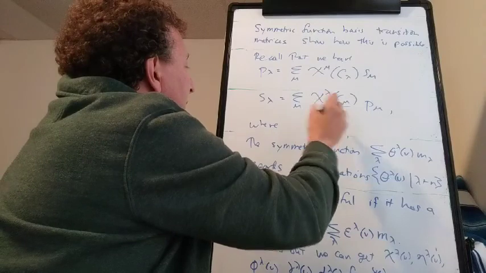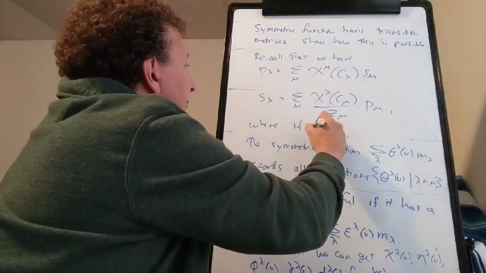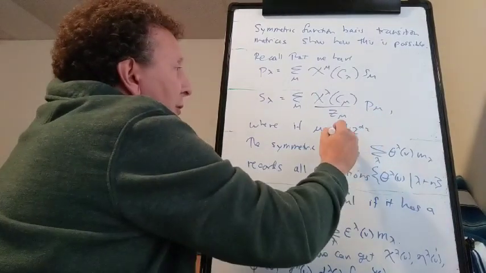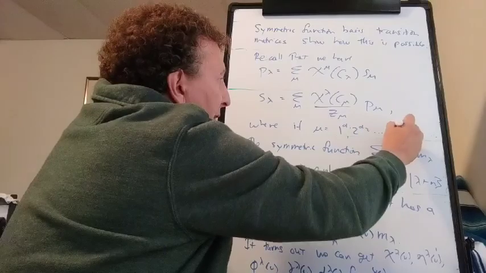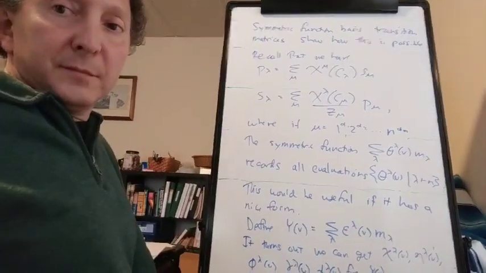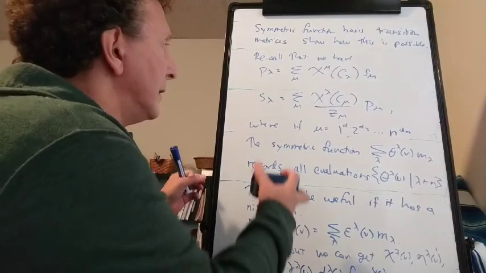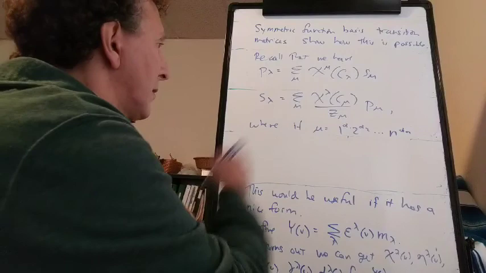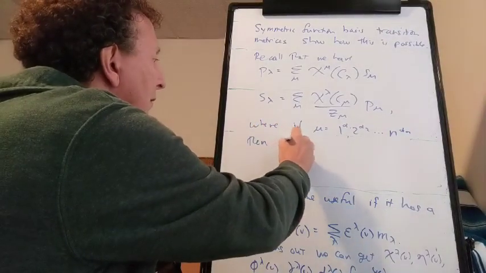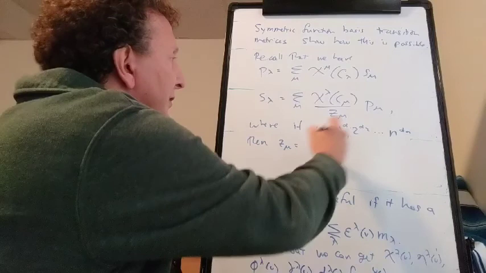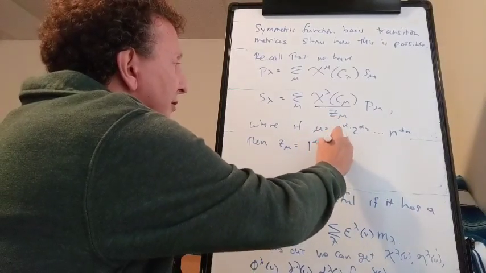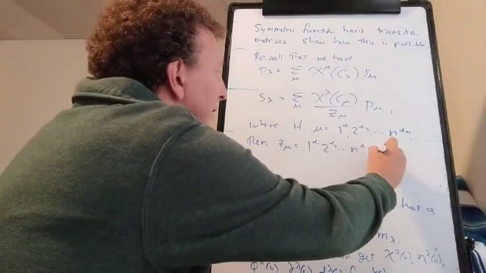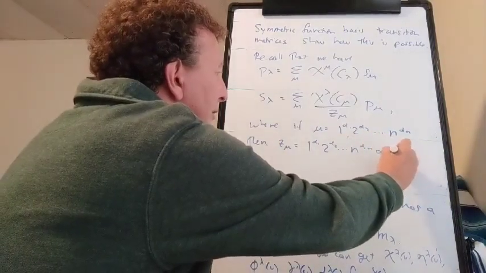Where, to define z mu, let's say if mu equals 1 to the alpha 1, 2 to the alpha 2, so this many 1s, that many 2s, etc., that many n's, then z mu equals this number interpreted as an integer times the product of the multiplicities factorial.